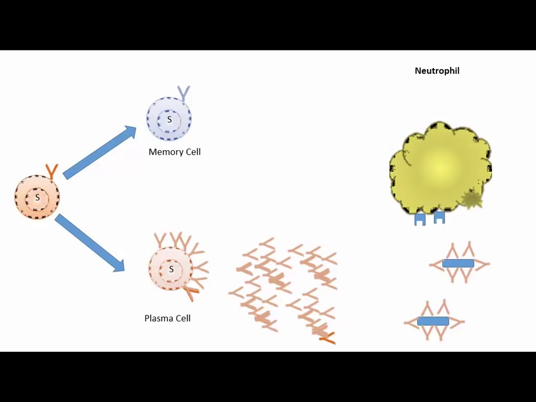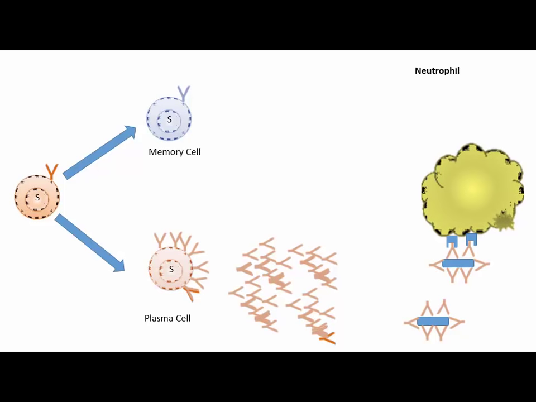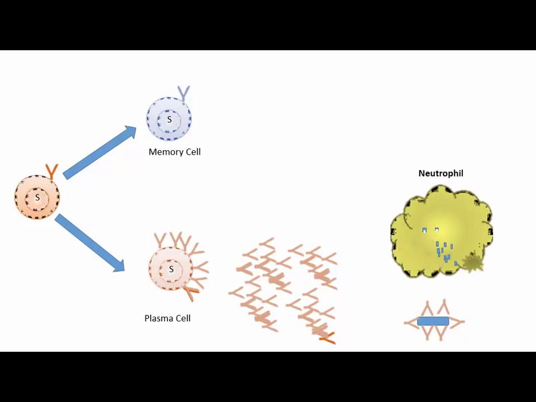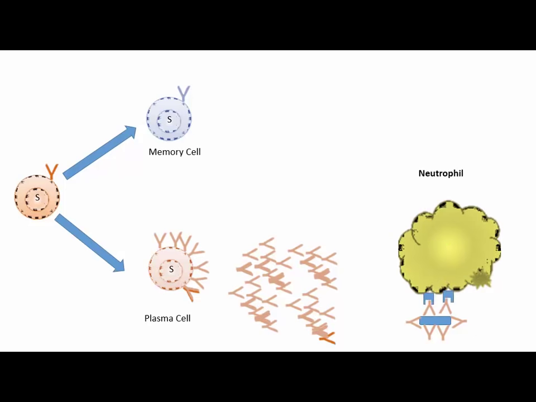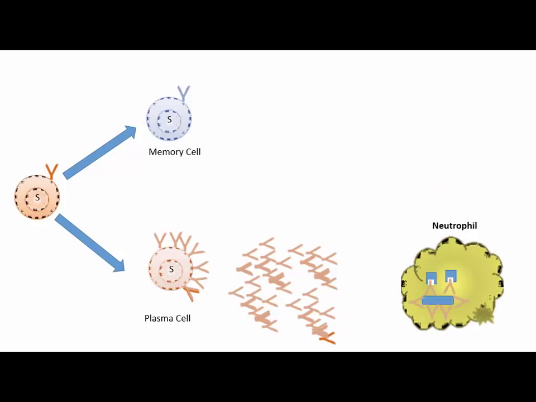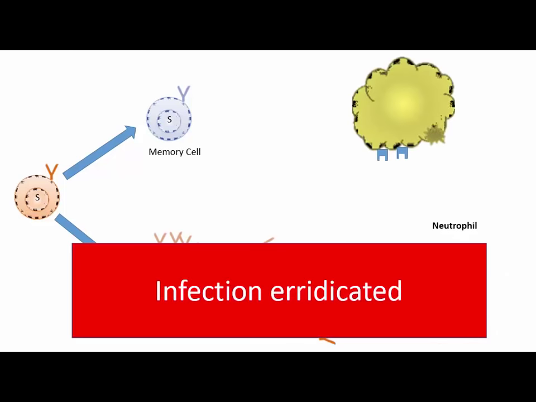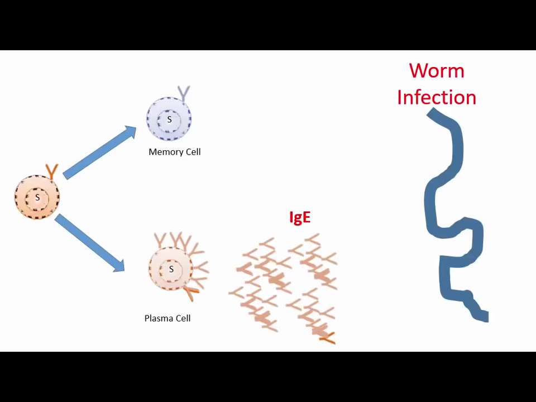It then moves on, gets to the next, and does the same, and so on. Okay, folks, so that's how a B cell will eradicate a bacterial infection.